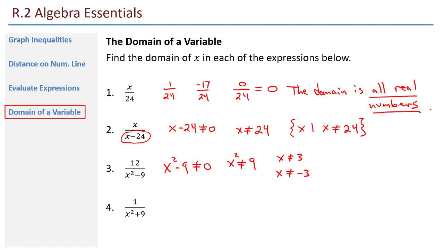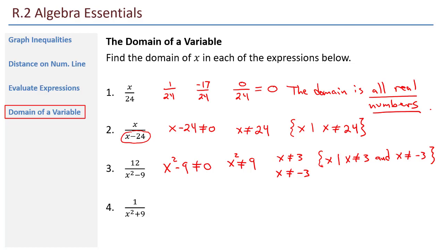In either of those two situations, if I squared it, I'd end up with a positive 9. So we might write the domain as any x such that x does not equal 3 and x does not equal negative 3. There we go. And I'm using braces; my set notation uses braces.